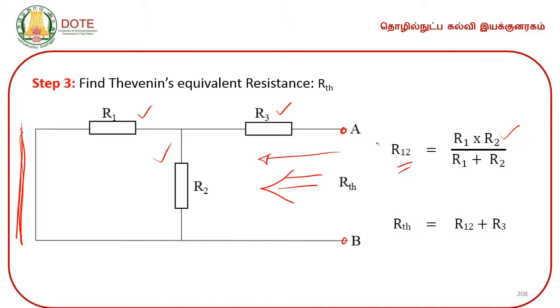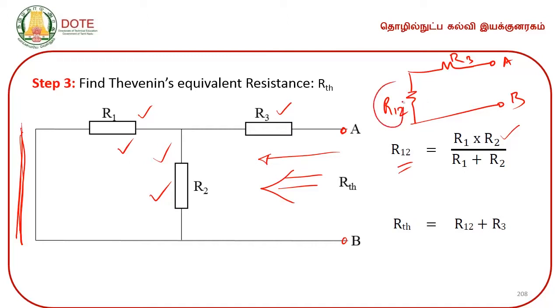Once this is made, the circuit will become like this: R12, then this is R3, this is A, this is B. So, we have made these two resistances into a single one called R12 by applying the equivalent resistance formula.